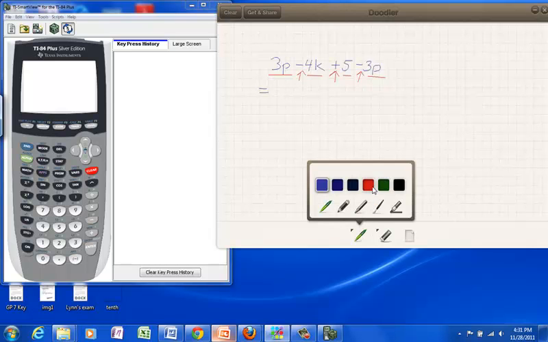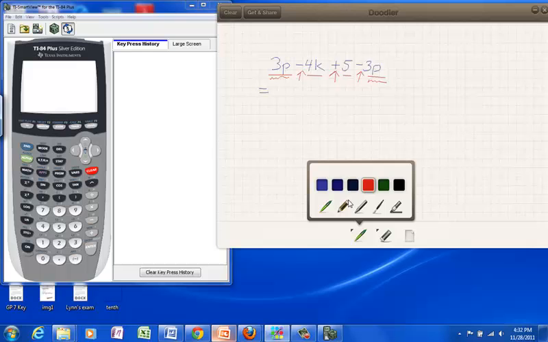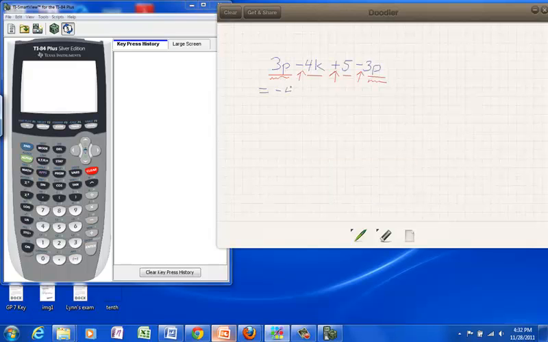So the terms that are like terms are the 3p and the minus 3p. Well, we know when we're working with 3p minus 3p that those just go to 0, and so my final answer is a negative 4k, don't lose this negative sign here, plus 5.